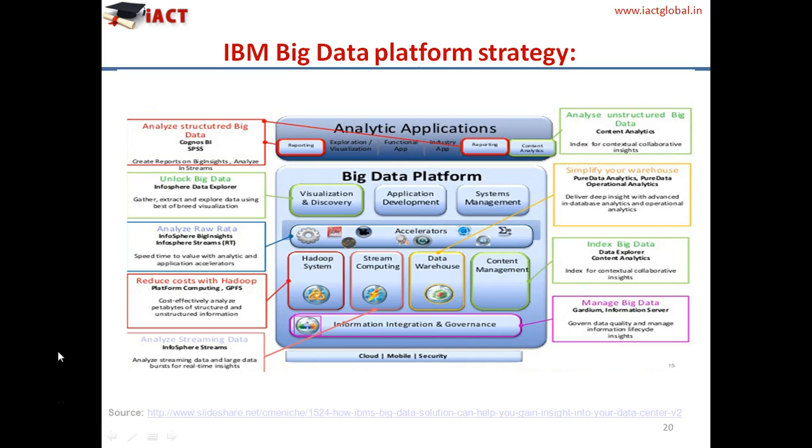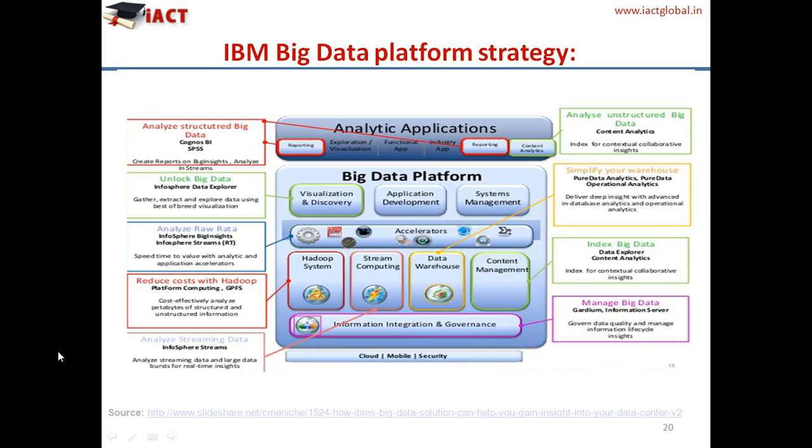Now coming to data warehouse, it simplifies your data warehouse: PureData for Analytics, PureData for Operational Analytics. It helps to deliver deep insight with advanced in-database analytics and operational analytics. Now coming to stream computing, to analyze streaming data.